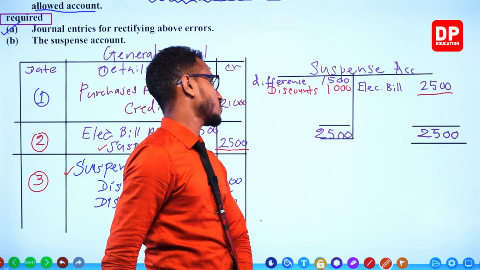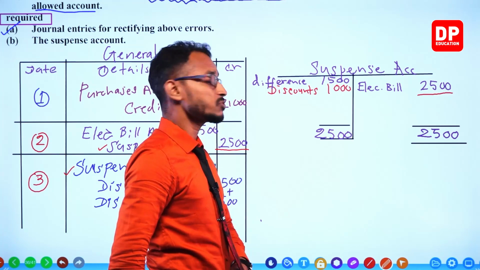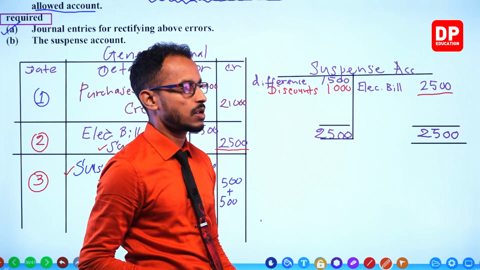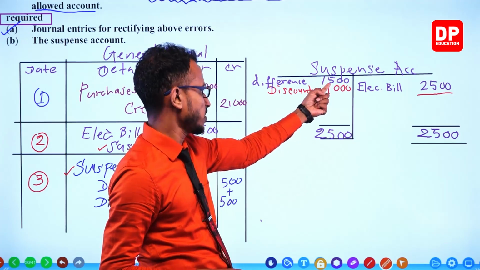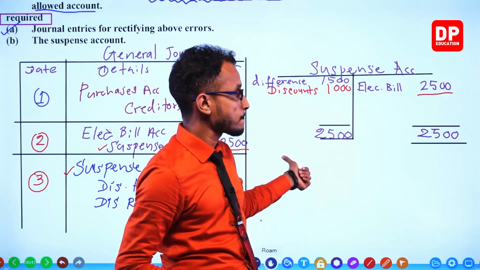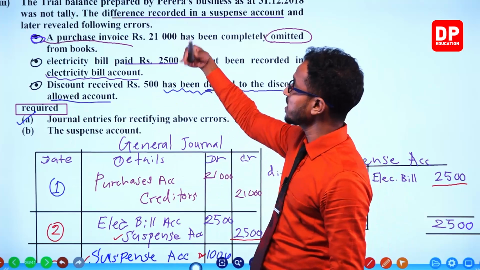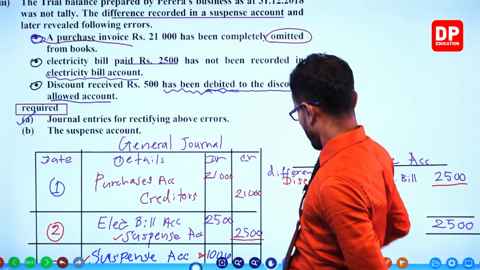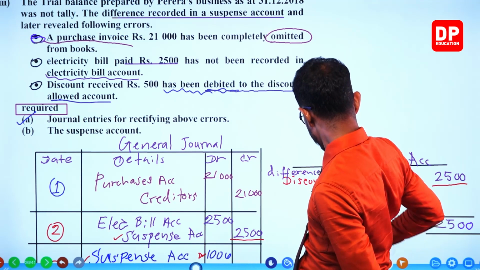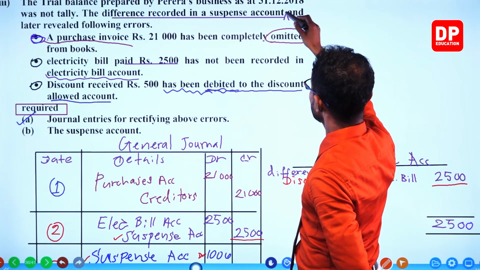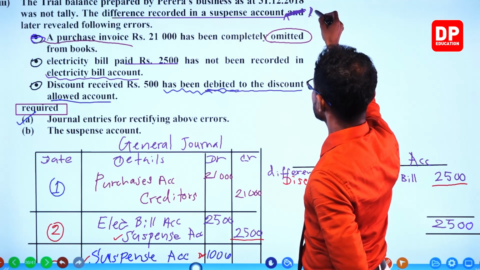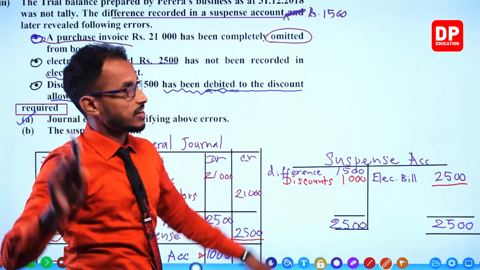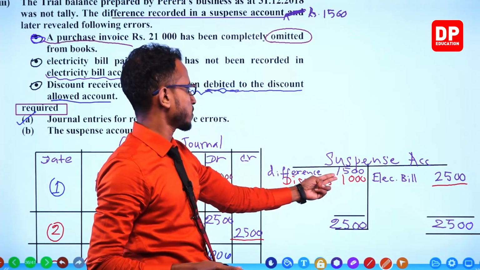Well, if the difference was originally given, guys, like this 1500, the difference recorded in a suspense account, rupees 1500, then first you should enter that difference to the suspense account.